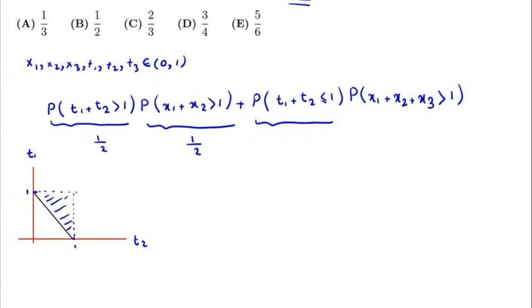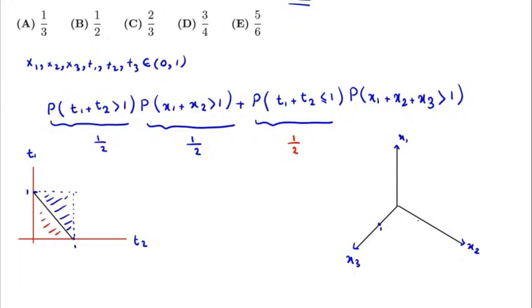This part will be the area of here. It will be 1/2. And for the third part, we have three variables here, x1, x2, x3, so we should consider 3D. So if we consider this part, it is, for example, x1, x2, x3.